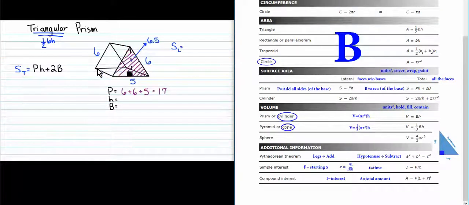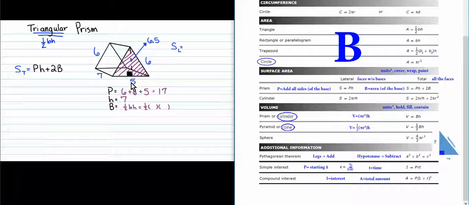Okay, so my height here is 7, height of the prism. And then capital B is the area of the base. We already agreed that it's a triangular base, so I have to use a triangle formula. And I told you base and height have to be adjacent to the right angle. So which two sides are adjacent right next to this right angle? I got 5, and I got this number right here, my 6.5.